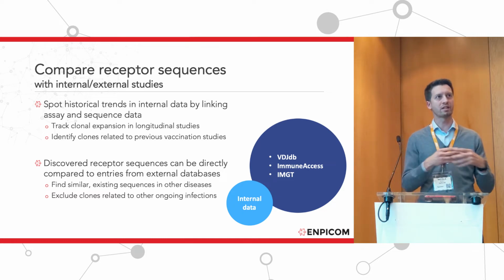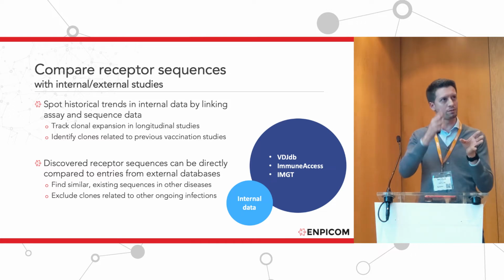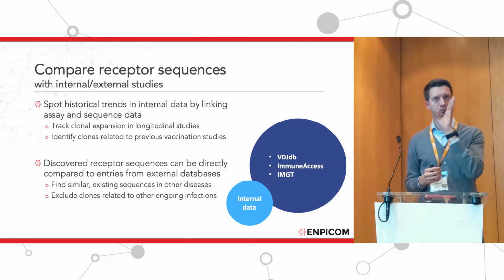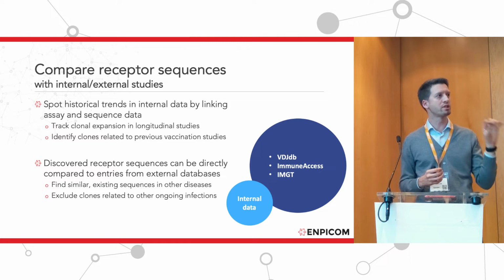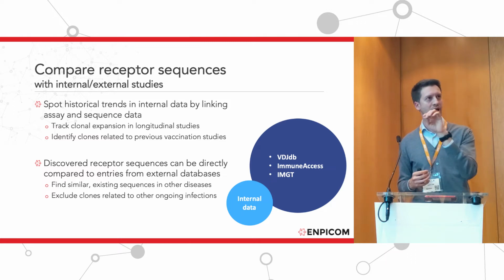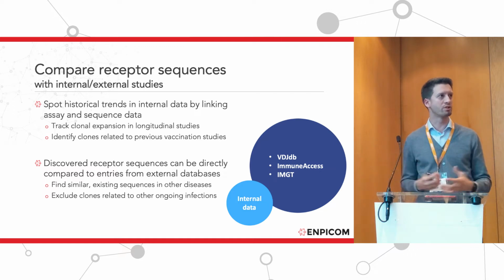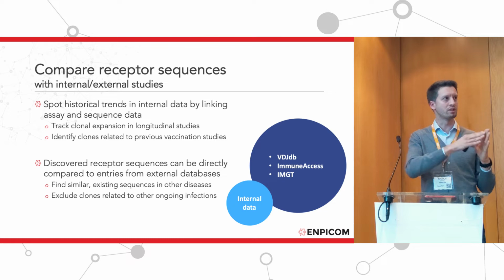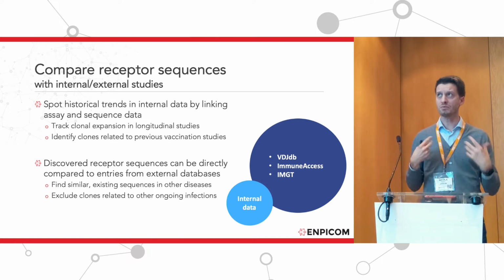If you have a vaccination, you can have samples before vaccination and at different time points after vaccination, for instance at day 7, 14, 28. Since you know the sequences up front, you can follow them through time and see whether they expand, which ones expand, and how much these sequences expand in your sample, as well as when they recontract. So you can see the expansion profile of your vaccination study.